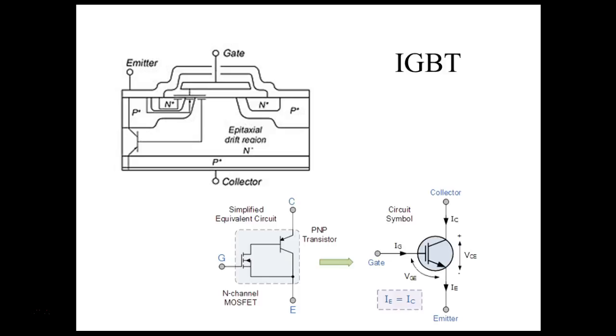What they do is combine an enhancement mode MOSFET, because it has extremely good switching characteristics. It's very easy to control. We can fire that thing on, we exceed the threshold voltage, it saturates, we can turn it off real fast, with the power handling capabilities of a bipolar transistor.